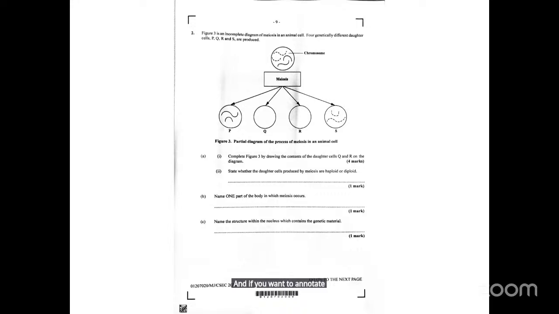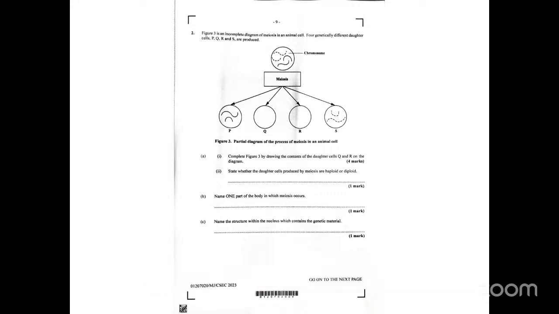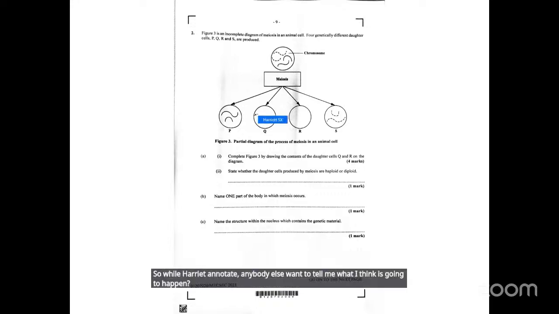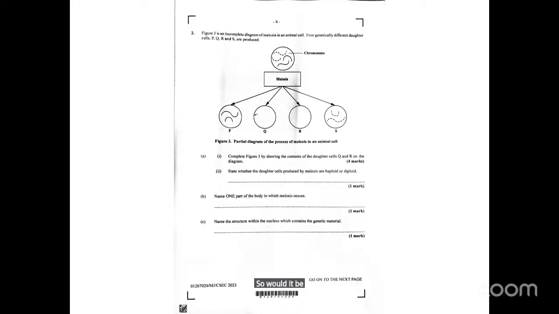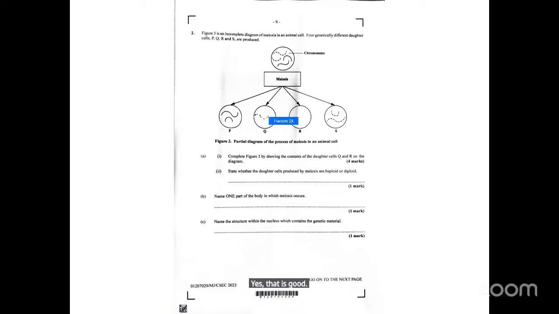I give you free rein to do so. All right, so Harriet will annotate. While Harriet annotates, anybody else want to tell me what you think is going to happen in Q? Sir, would it be one short broken line and one long unbroken line? Yes, that is good. Okay.